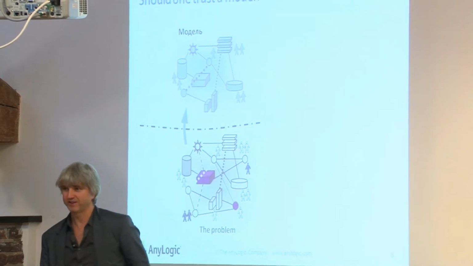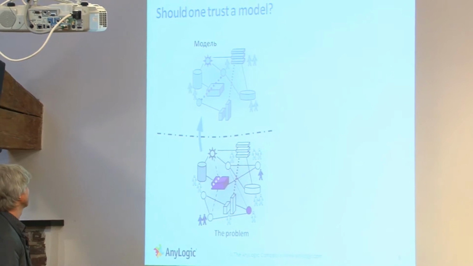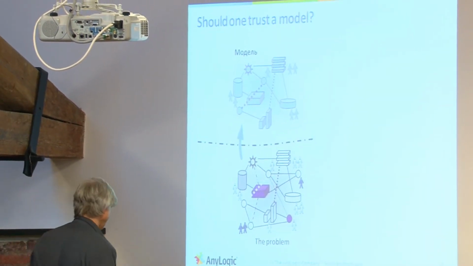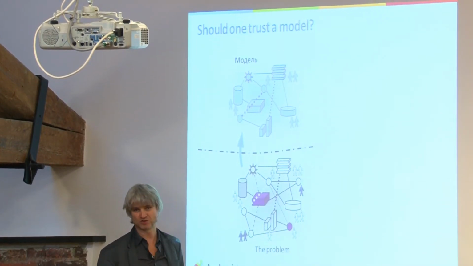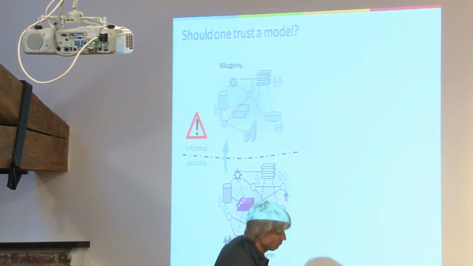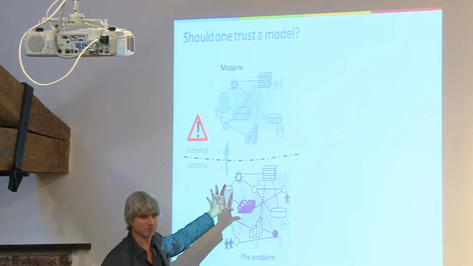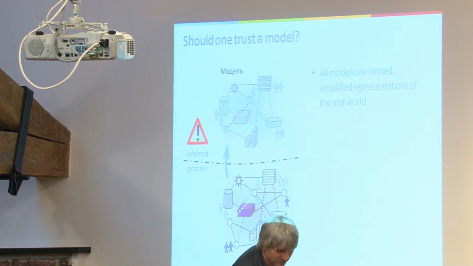A frequently asked question, especially from industry people, is: should we actually trust the model, or why should we invest in building the model of the system? Well, indeed, as I'm saying, this process is not formalized. There's no science behind it.